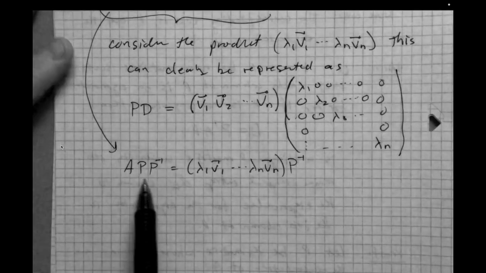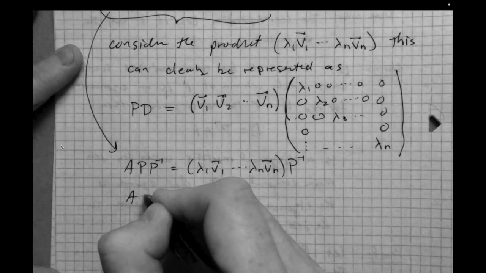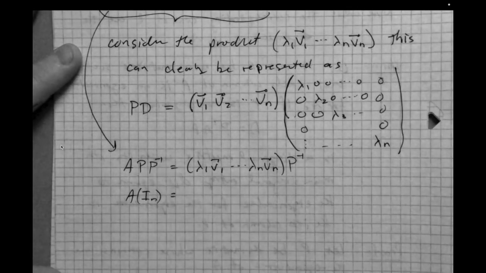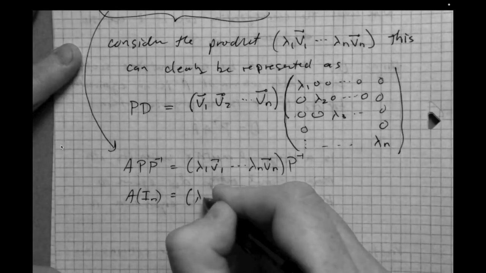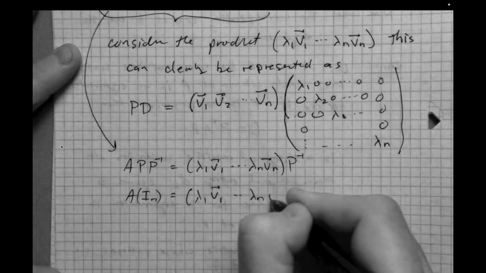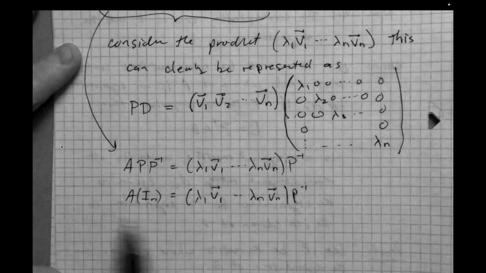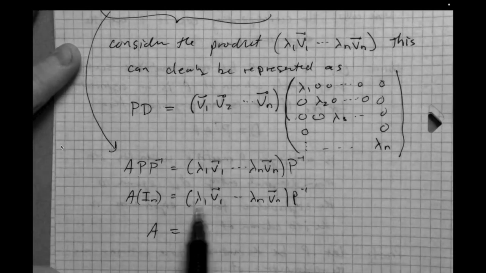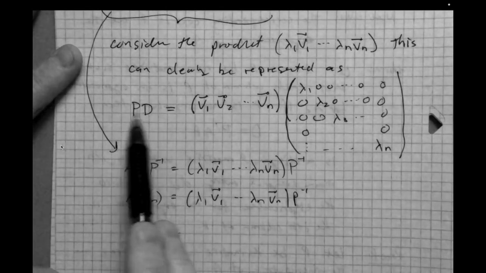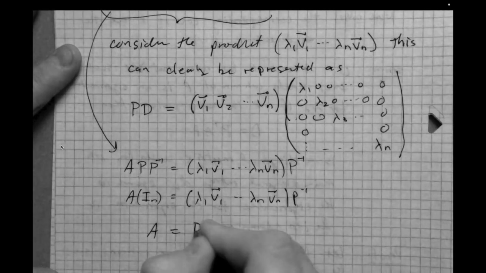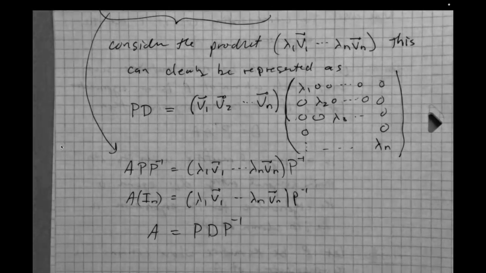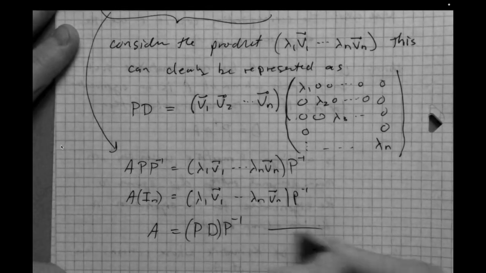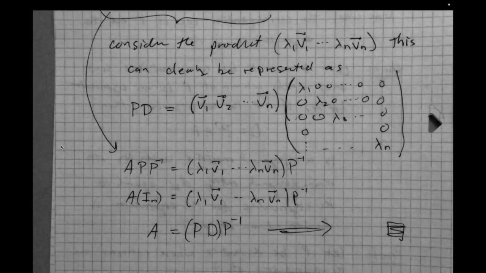This is A times the identity, and you could just drop the identity matrix and say this is A. Now, we just showed that this can be represented as P times D. This has to be P times D. And that's exactly what we're after. That is the result.